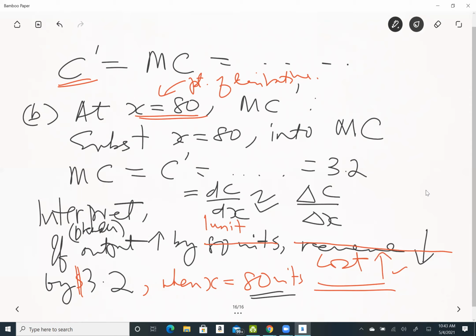So look at part B of that question, where X equals 200. Now, what is the marginal cost? Marginal cost is 32. So how do you interpret that? Anybody?